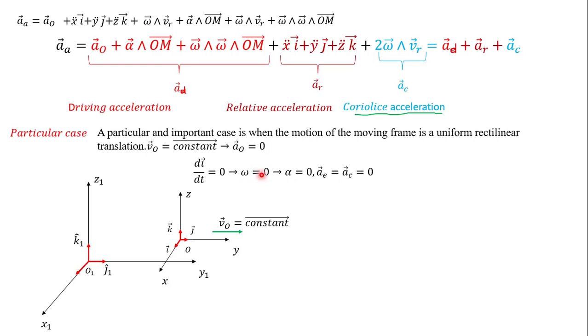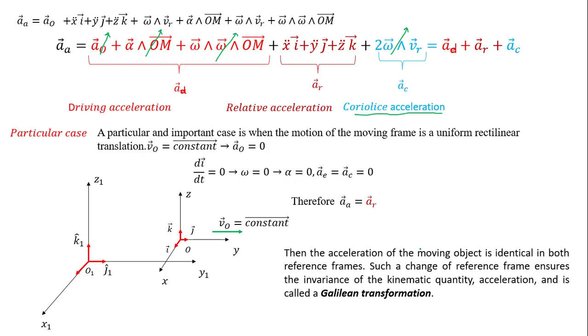If omega is 0, then alpha is also 0. And since the velocity is constant, then also a0 will be equal to 0. And therefore we can write that the absolute acceleration is only equal to the relative acceleration.